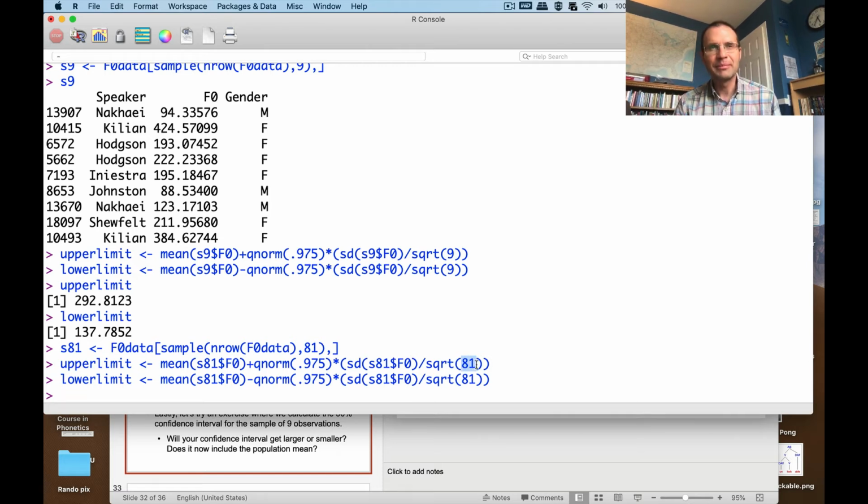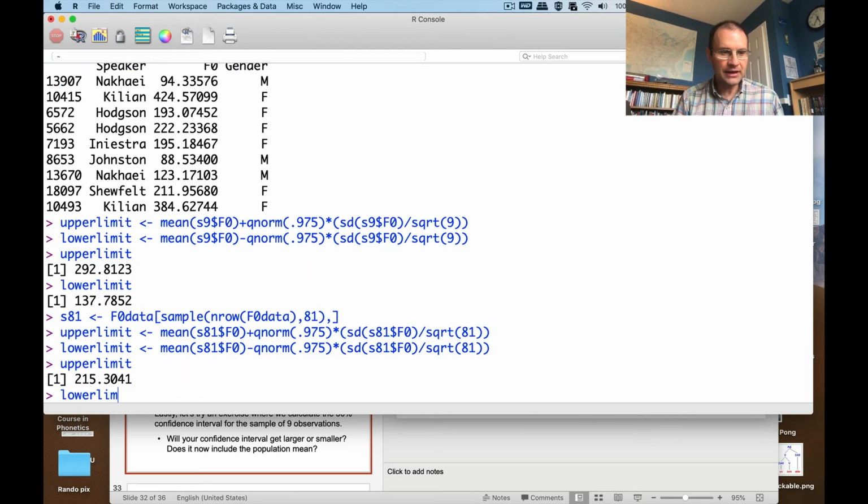Since I divided in the first case by the square root of 9, which is 3, and now in the second case I'm dividing by the square root of 81, which is 9, the standard deviation of that sampling distribution should be a third as wide, right? So we should have a much narrower confidence interval in this particular case.